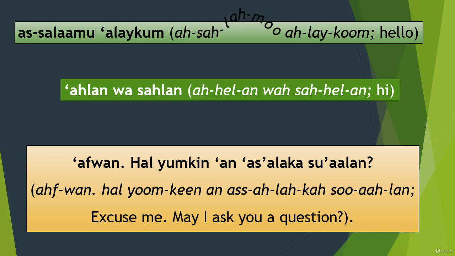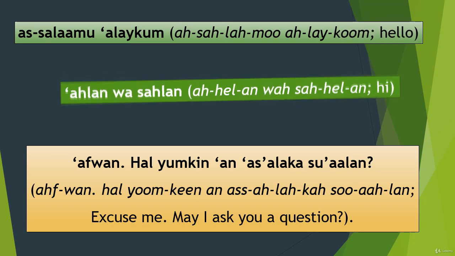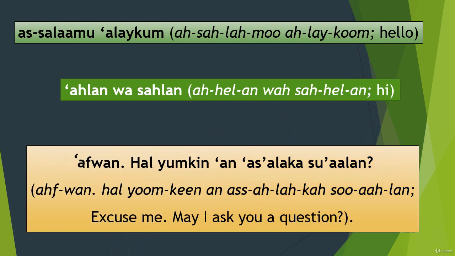For example, you begin the exchange by saying عفوا هل يمكن أن أسألك سؤالا? Excuse me, may I ask you a question? After the person agrees to take your question, you may proceed to ask for directions.